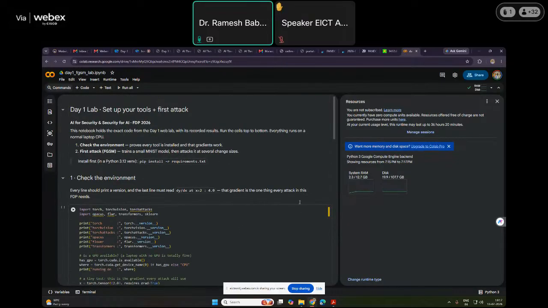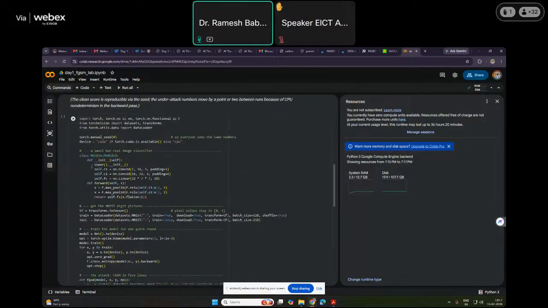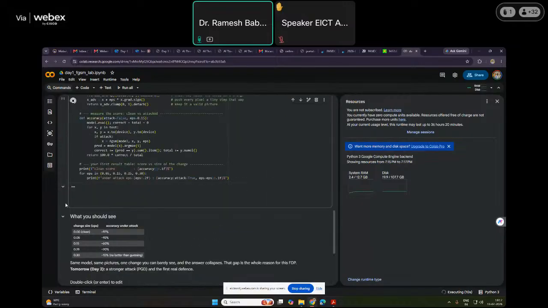To run a cell, you will see the play button here. Whenever you click that, it will start running. This is the code snippet part that is running, and all your outputs will be shown in this output section.